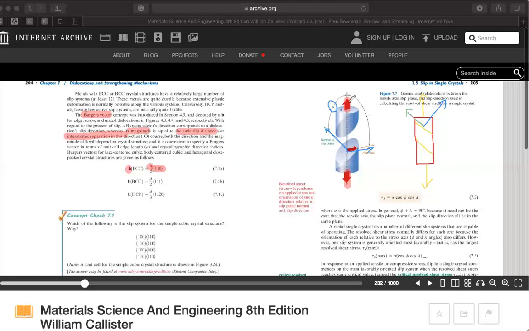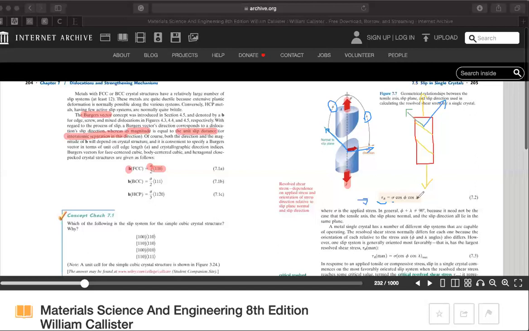The angle between the axis of the applied load and the slip direction, we call lambda. Then we can come up with this equation correlating the resolved shear stress on a certain plane inside the material with the applied stress from outside: the applied stress times cosine phi, cosine lambda.